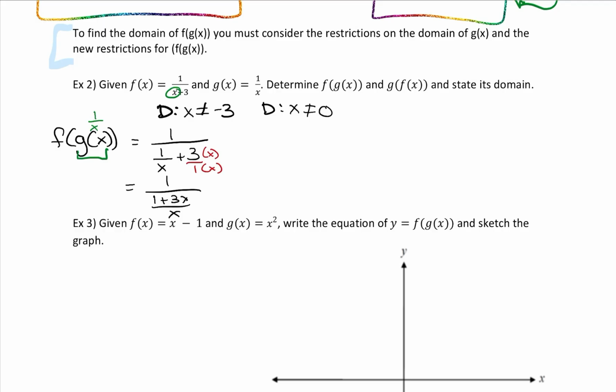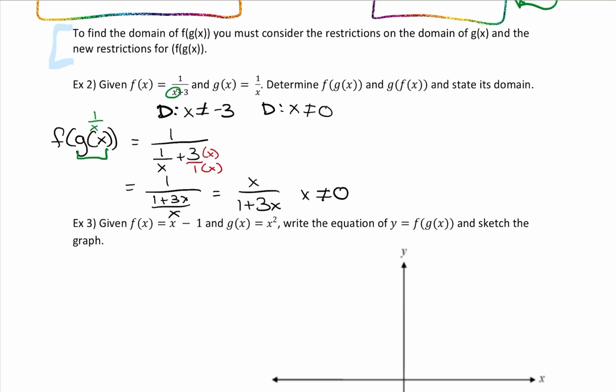We can't leave our answer like this. So what we're going to need to do at this point is flip and multiply, just like we did with our trig identities. So the x is going to move to the top and the 1 plus 3x is on the bottom. So this is our answer. Now, however, we need to consider the restrictions. So keep in mind that the inner function had a restriction of x cannot equal 0.